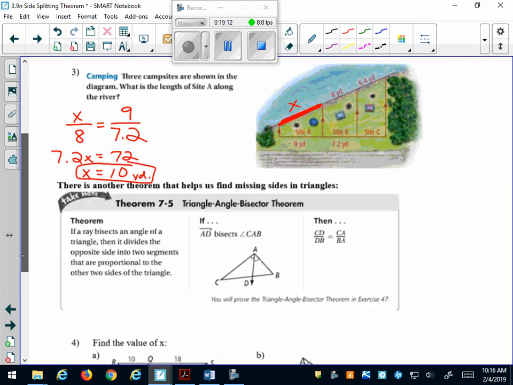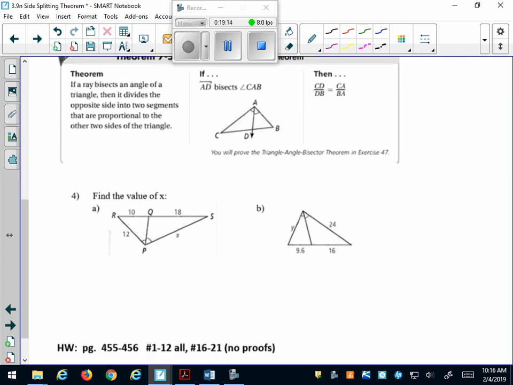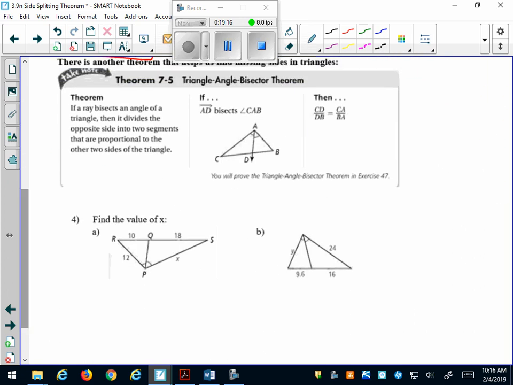All right, so this last theorem is called the triangle angle bisector theorem. We learned about what an angle bisector is in a triangle a while ago. Basically, any angle that gets cut into two congruent pieces, we could call that thing an angle bisector.